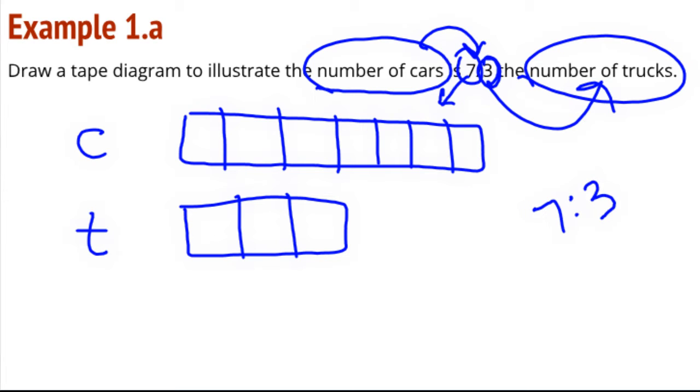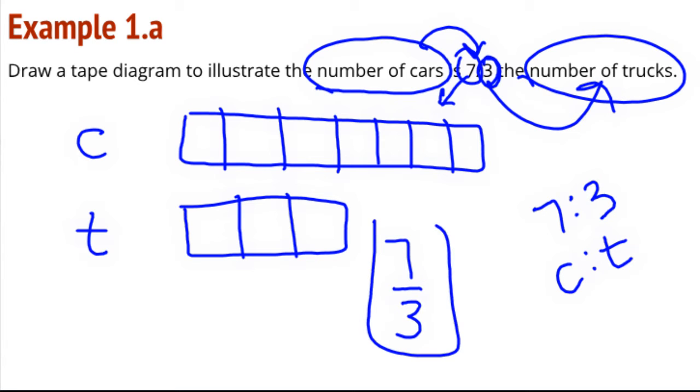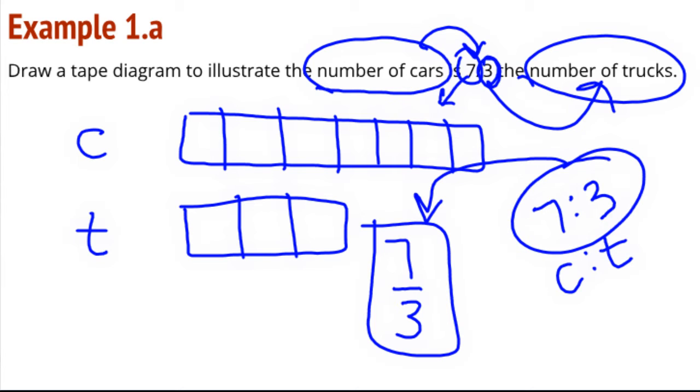The ratio of the cars to the trucks is 7 to 3. But when we write it as a fraction, now all of a sudden we have a number that we could use for multiplication, addition, or subtraction. We've taken this ratio and turned it into a value, a number that we can use for computation.